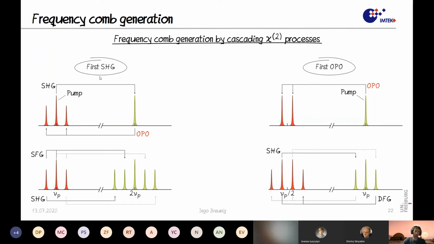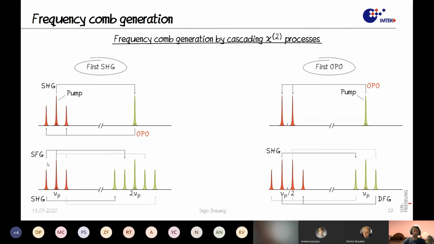Let's start with the second harmonic starting one. We start at the lower frequency, the pump we have here. On the left side, it's the blue component here, and we are generating second harmonic generation, this green light. And if the power of the green light exceeds the oscillation threshold of parametric oscillation, then you are generating sidebands.